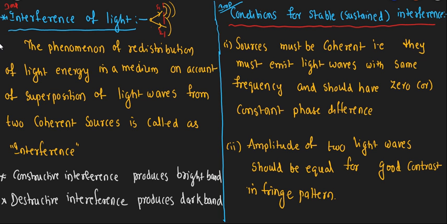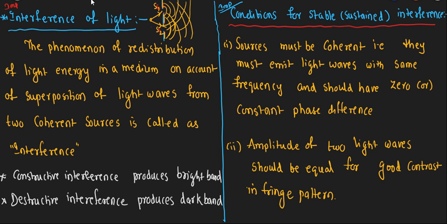From S2 also light will start, from S1 also light will start, because they are the openings. You see here, S1 and S2 are the two slits, and from S2 and S1 the light starts and they superpose with each other like this. The light waves emitting from the two openings S1 and S2 are superposed with each other.